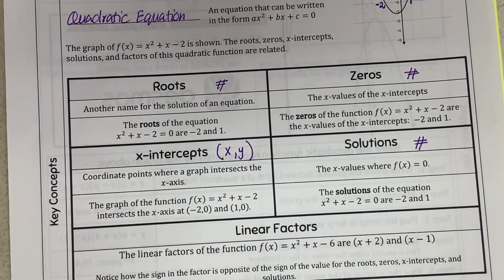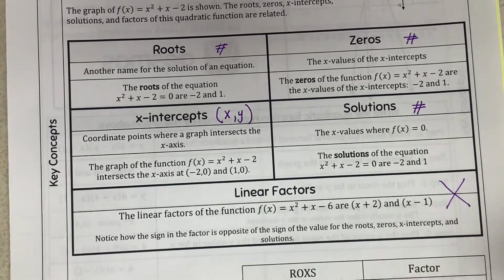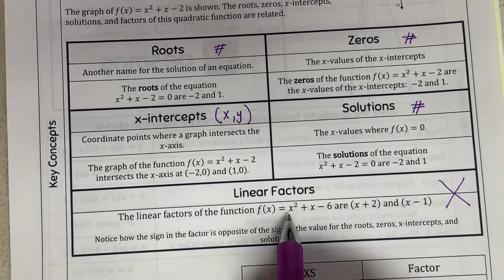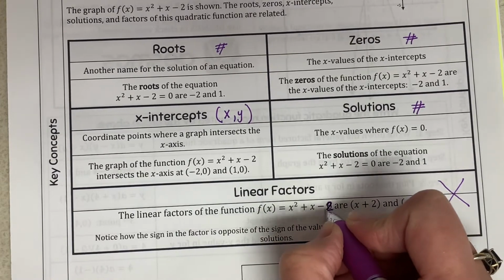Linear factors. Factors, if you remember, we had a quadratic equation and then we used the x puzzle and then we actually factored it where we got the two numbers from. So if you notice that I have this equation, x squared plus x minus, this should be 2 over here, by the way.